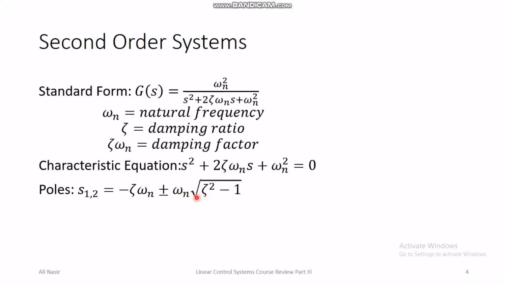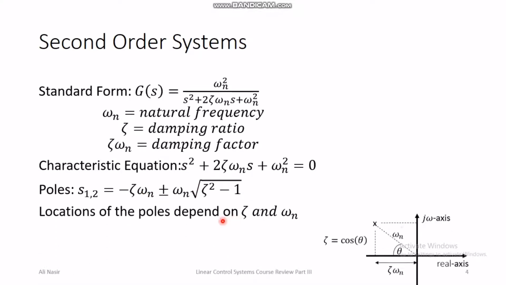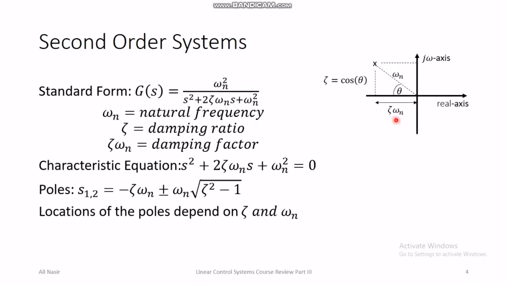And you can see here that the location of the poles of a second order system depends upon omega n and zeta. This is how the location of a complex conjugate pole looks like. We'll also discuss the location of each type of pole in the second order system.